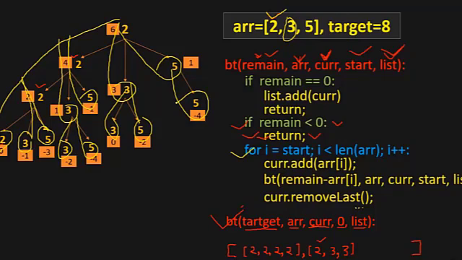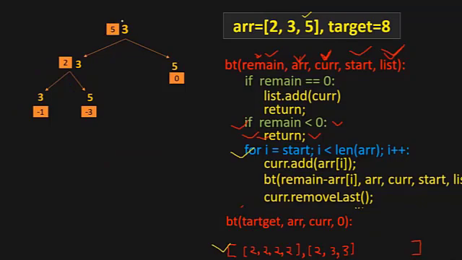Okay, this is how depth first search works, and this code works in depth first manner. Also for this, first it traverses this, then this, then this. Okay, so it works like this.